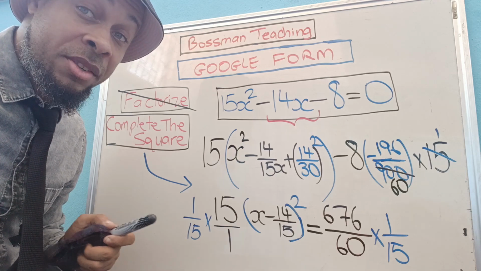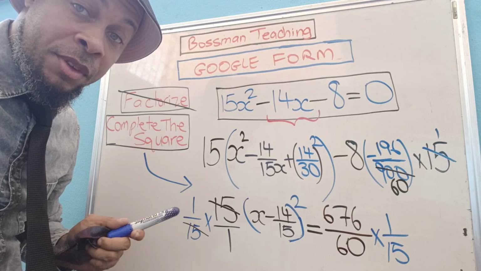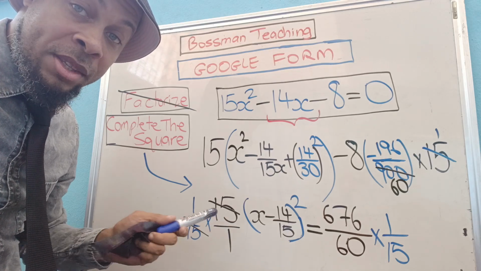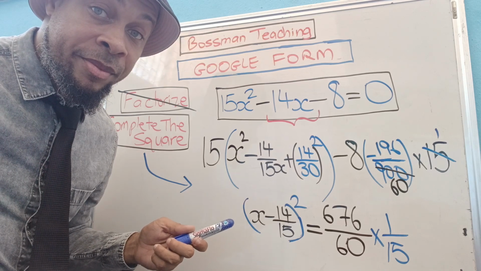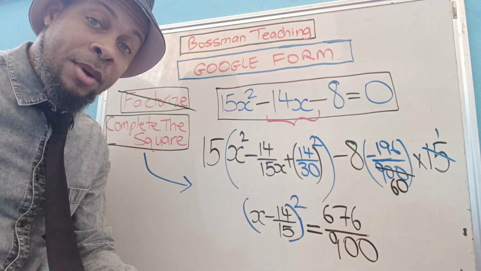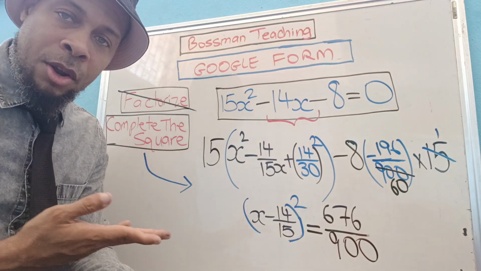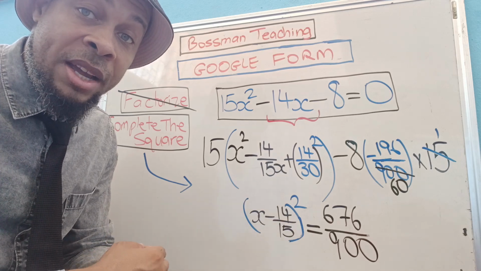So let's see what this is going to look like. First it looks like this. So 15 over 1 times 1 over 15. 1 times this will leave you with just this. And then over on that side, well, there we have it. And now we're in a better place. Now we can square root the left and square root the right.